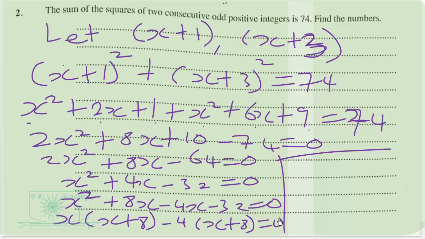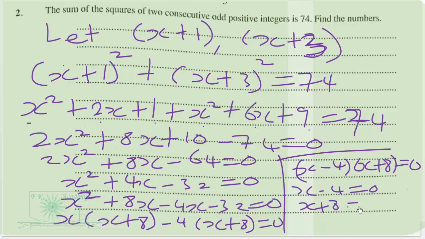So we have either x minus 4 equals 0, or x plus 8 equals 0. So we get either x equal 4 or negative 8. When x is negative 8, we are going to get negative 8 plus 1, which is negative 7.